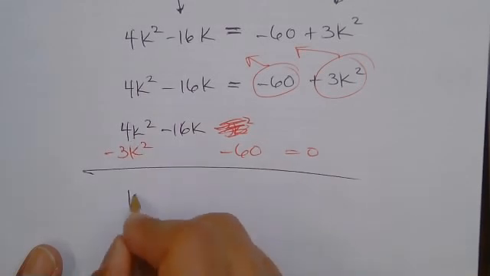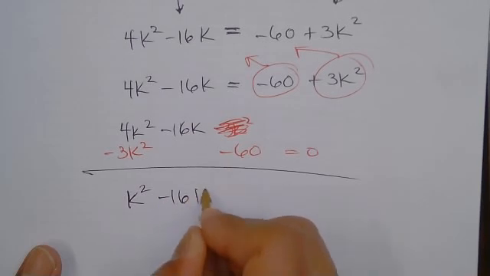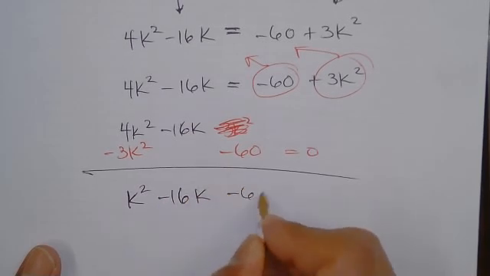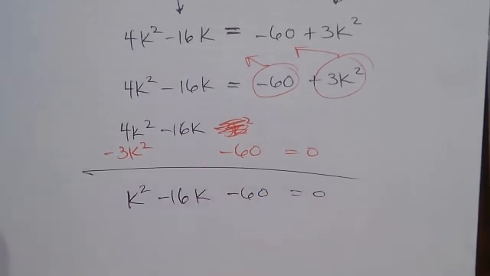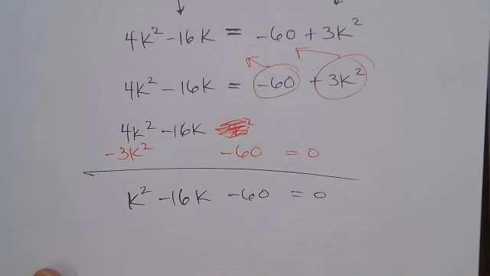What's left over? I got positive k squared or x squared, whatever, minus 16k minus 60 equals 0. Is that good? Is that what you guys got?